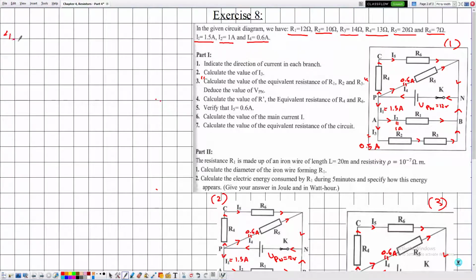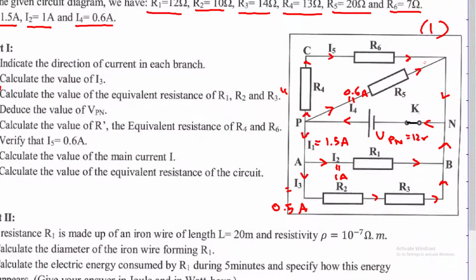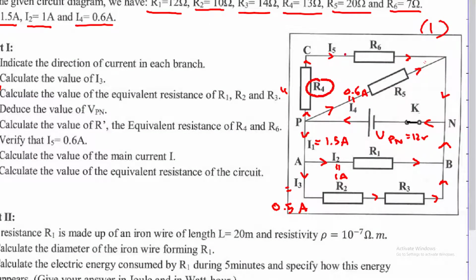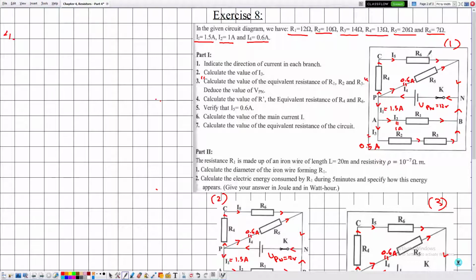Now number 4, calculate the value of R prime, the equivalent resistance of R4 and R6. Notice that R4 and R6 are in series because they have only one terminal in common at the point C. Also, I want to say something. If you look at the shape of R4 and R6, R4 is like this, and this is R6.